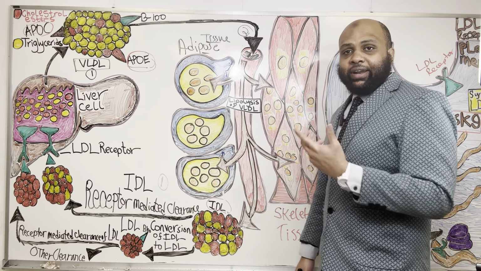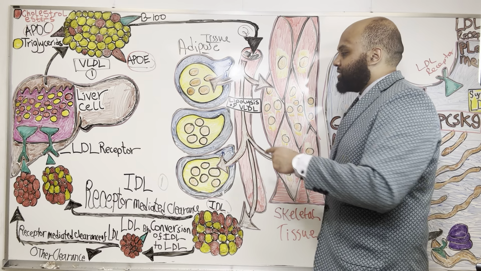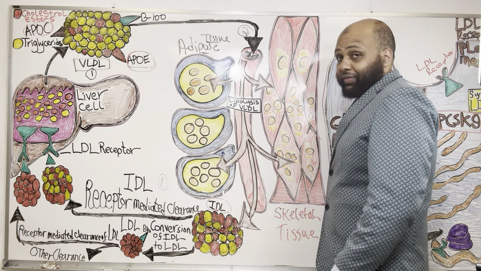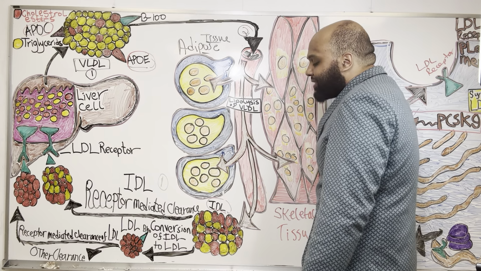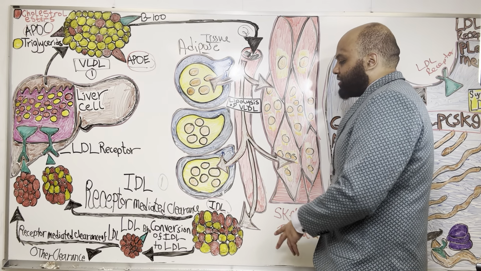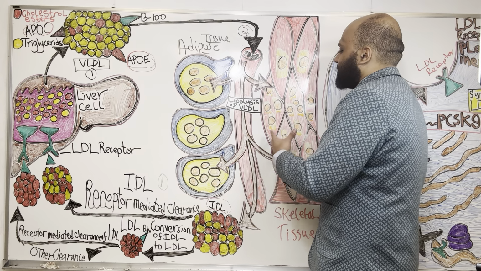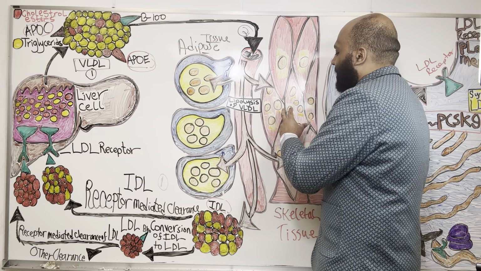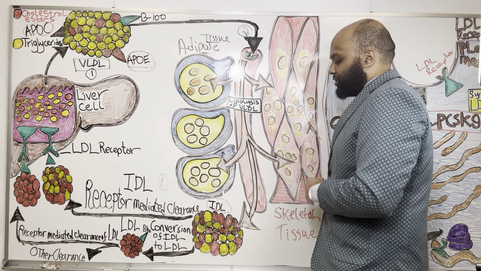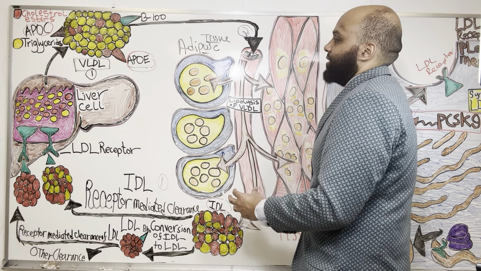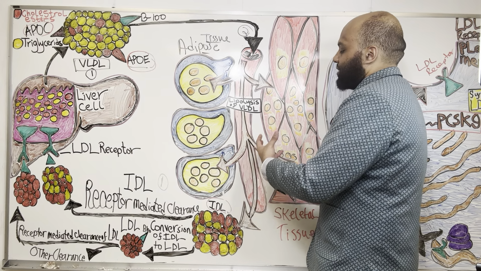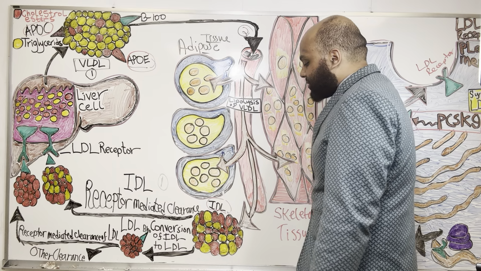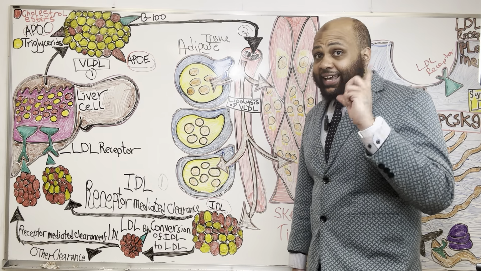But if you're not burning this lipid, it's going to go right into the adipose tissue and get stored there. And the very last option is we stored too much fat in the adipose tissue and we gave a lot of fat into the muscular tissue. Now there is some remnant of this VLDL that has been hydrolyzed with the lipases. So now you have something known as IDL, not yet LDL.